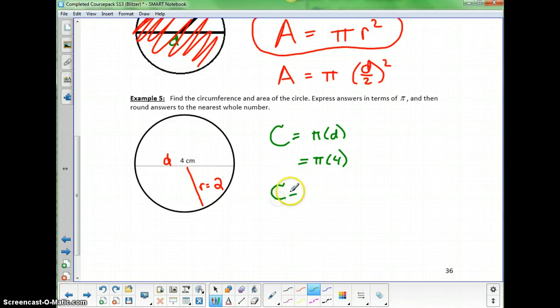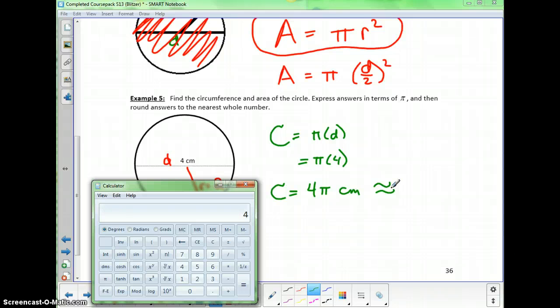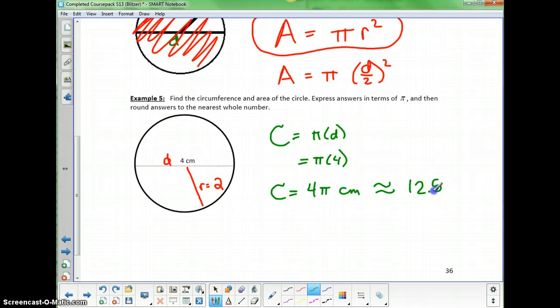Okay, so I can say that the circumference is 4 pi centimeters, or approximately, let's go back to the calculator, 4 times pi, that's a longer version of pi, which is 12.56637 centimeters.